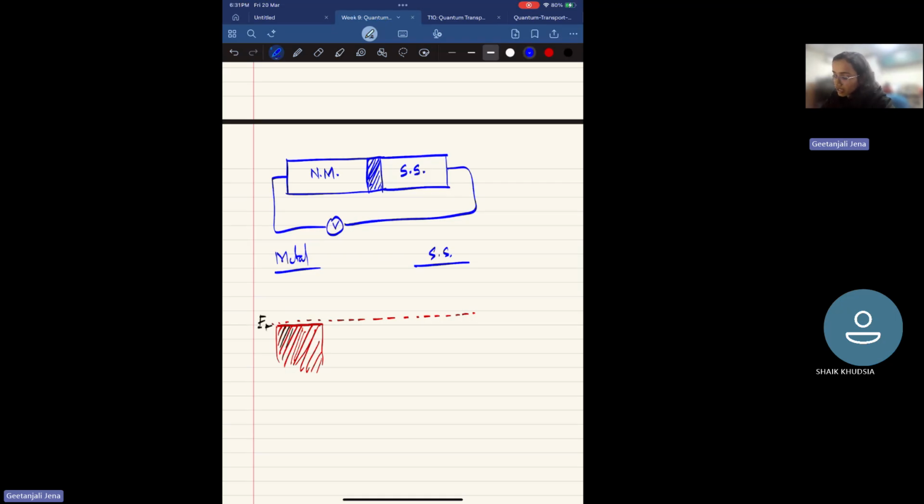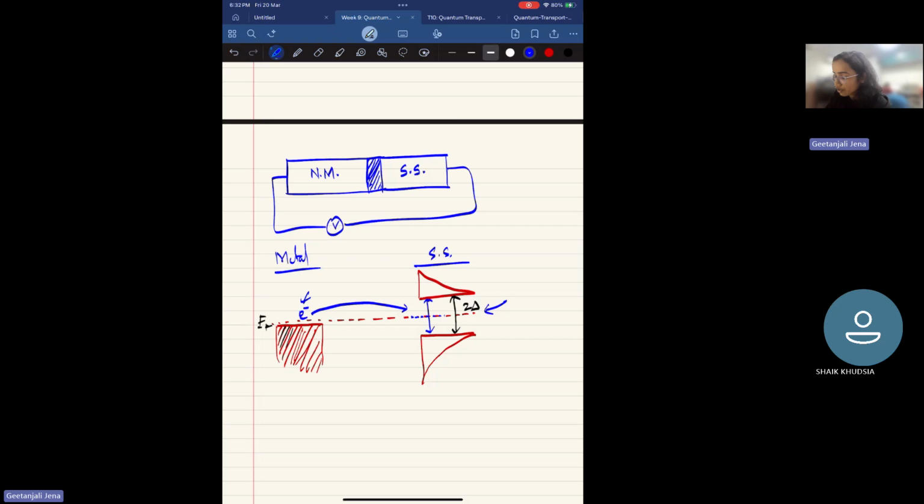And if you look at the superconducting state, it has a superconducting band gap because of the formation of Cooper pairs. And the difference is 2 delta. So that means if you try to move one electron from the metal side to the superconducting side, because here the electron is a single particle state, and if you look at the Cooper pair inside this region, there is no single particle state for a single electron to occupy.